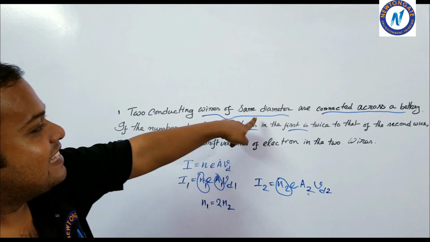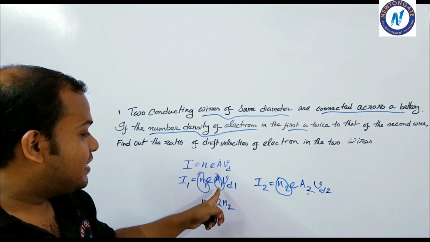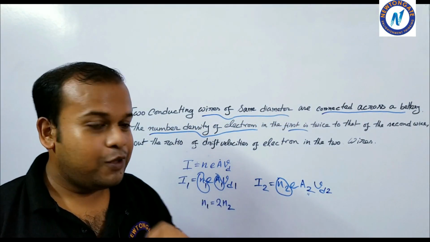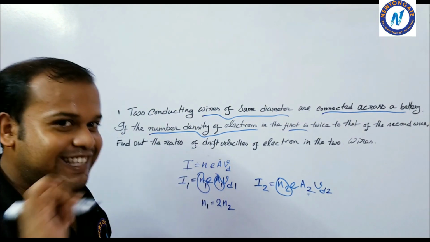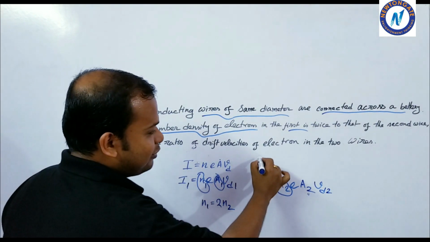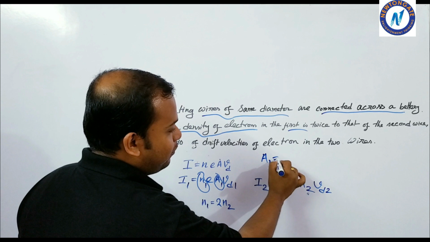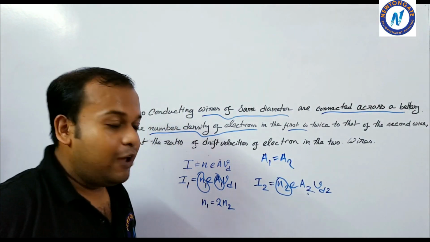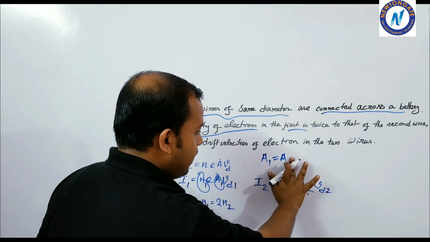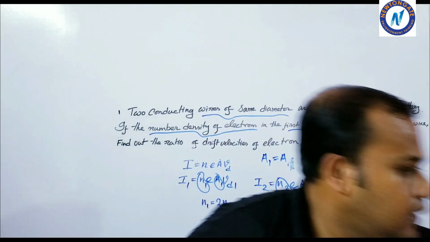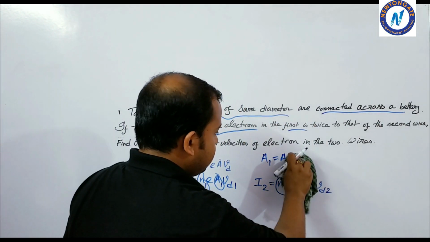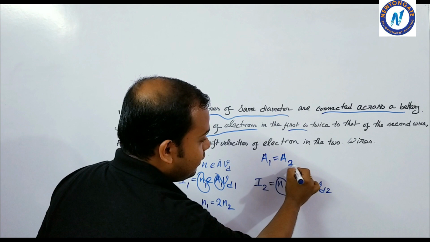So can I say, since they have the same diameter, they have the same cross-sectional area also? So can I also write that A1 equals A2, right? A1 equals A2. Let me just write it clearly. So this is A2.